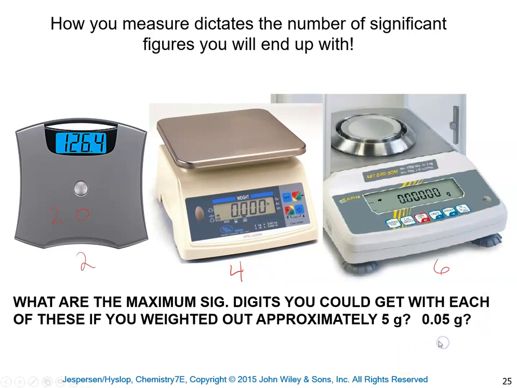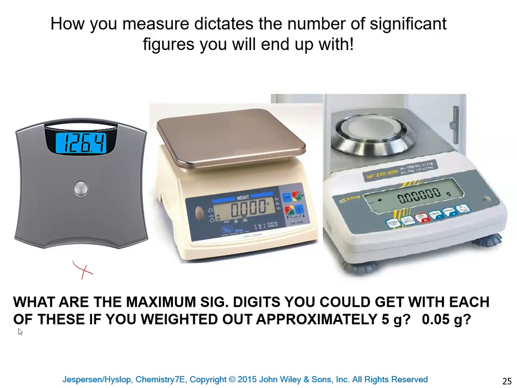What about if we weighed out 0.05 grams? In the first scale, we wouldn't be able to really get anything, right? Because that scale doesn't measure down to 0.05 grams. So we might get a 0.1 in there, but it's not really going to give us any digits. So maybe up to 1 if it happened to measure like 0.1 on there.